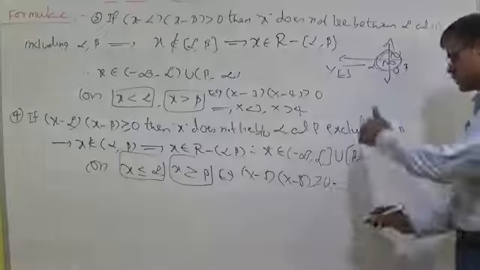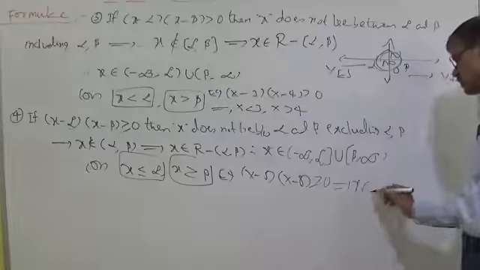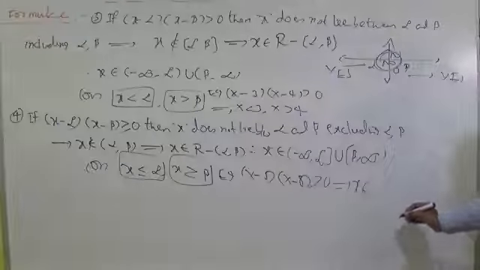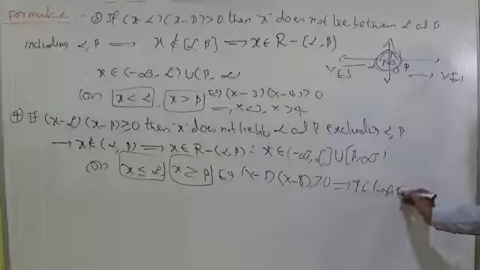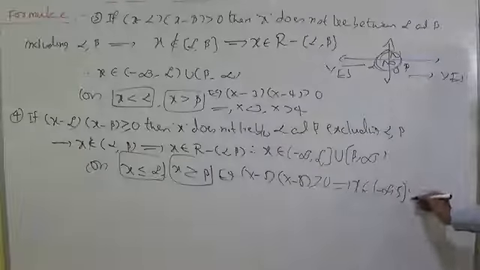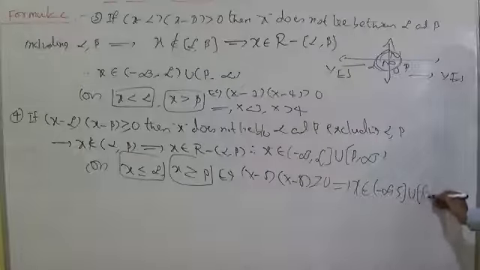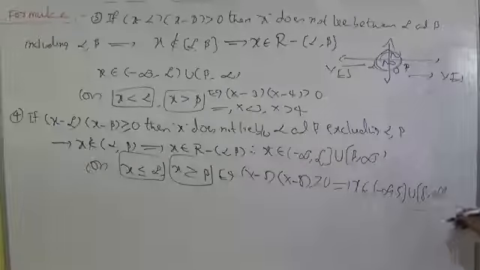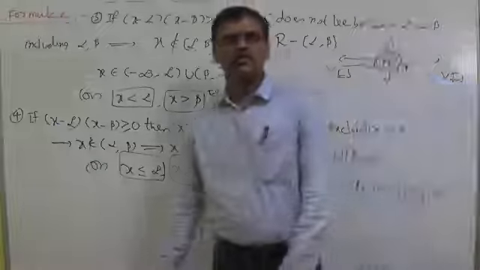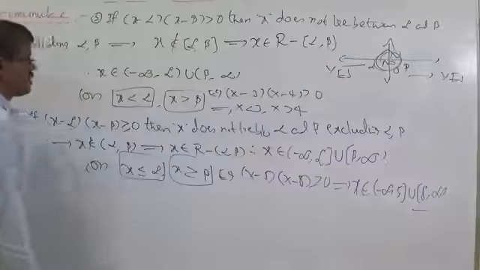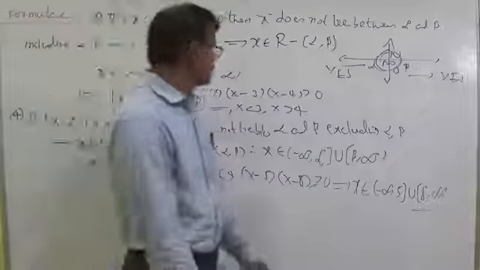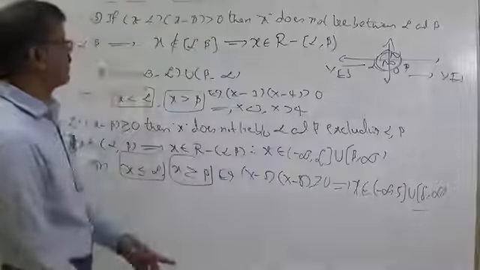You can express this as x belongs to minus infinity comma 5 closed interval, union 8 comma infinity.